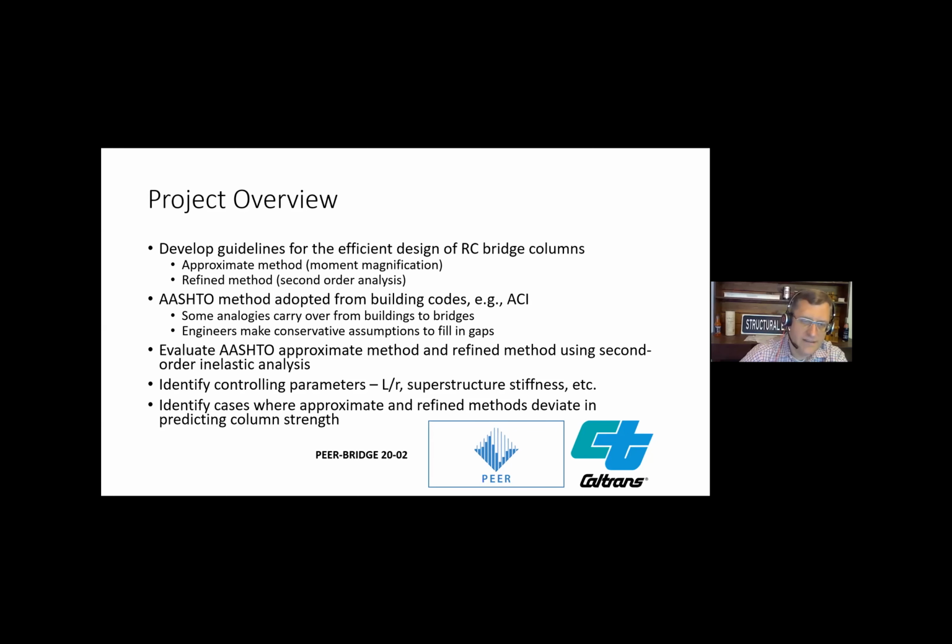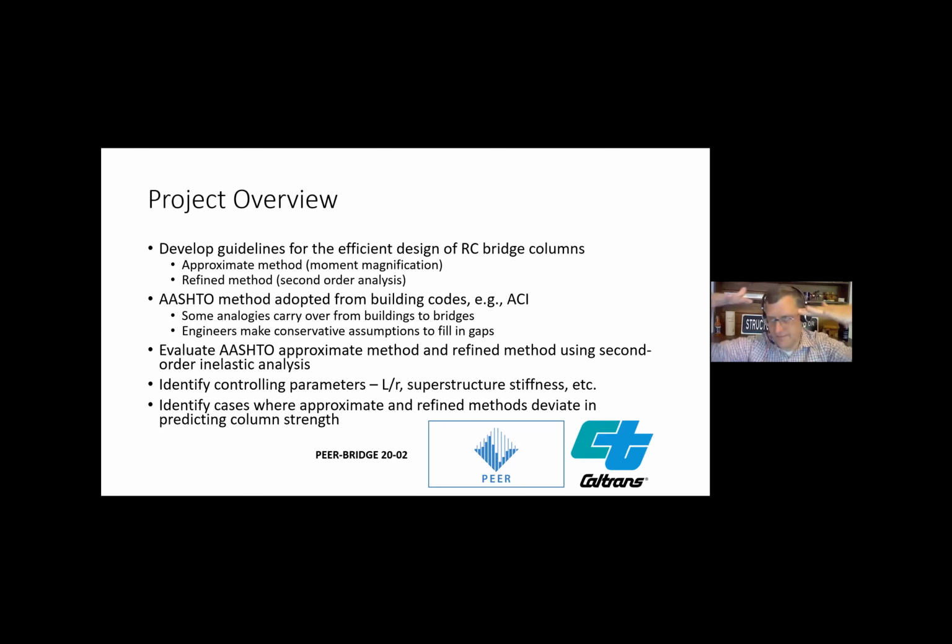So we'll evaluate the AASHTO approximate method and refined methods using second order inelastic analysis, mostly in OpenSees, and also identify controlling parameters such as L over r, which is of course important for buildings, but also superstructure stiffness, which is kind of unique for bridges, much larger.